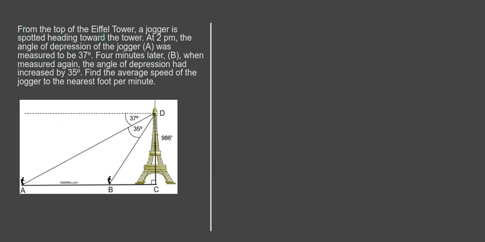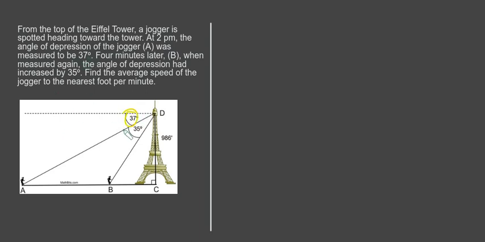From the top of the Eiffel Tower, a jogger, so here you see the jogger, is spotted heading toward the tower. At 2 p.m., the angle of depression of the jogger in point A, so right here, was measured to be 37 degrees.